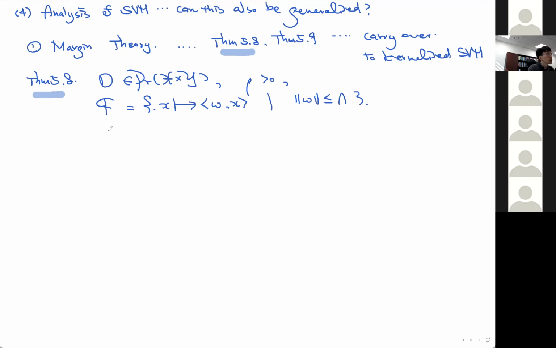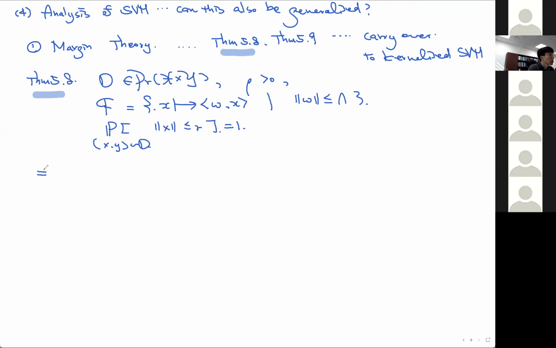And furthermore, whenever we sample from the distribution, all the samples are bounded. The x component of the samples are bounded. So if (x, y) is sampled from D, the size of x is bounded by R with probability 1.